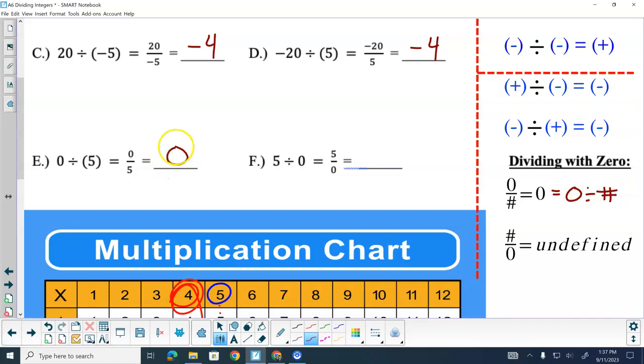That's going to give me 0. Or here, it would be some number divided by 0, and I have to write out the word undefined. Can't shorten it. There's nothing really to shorten it to.